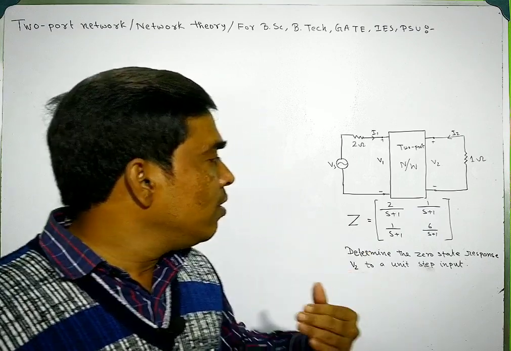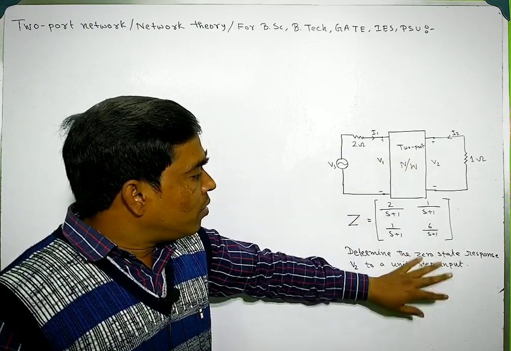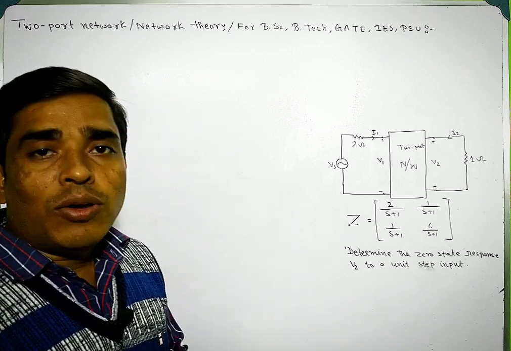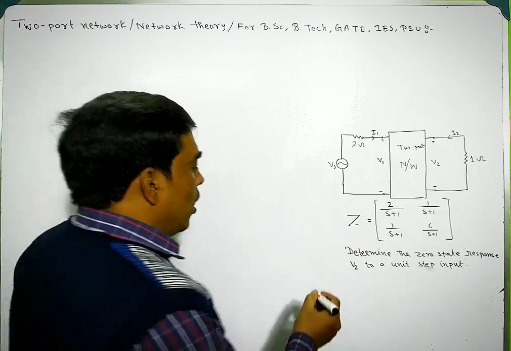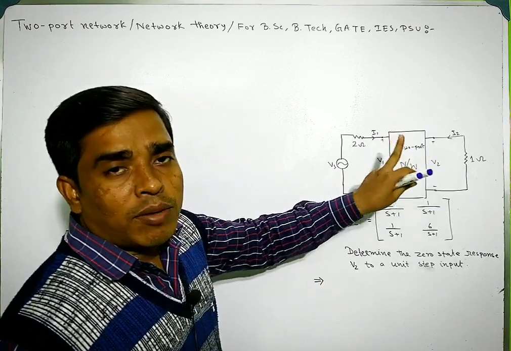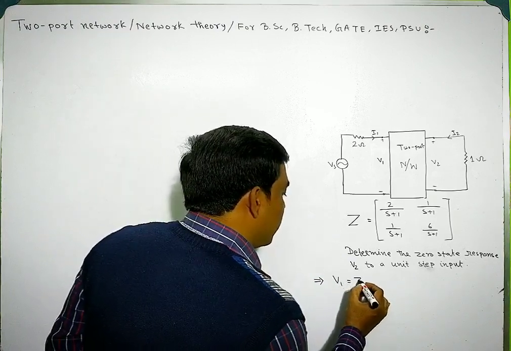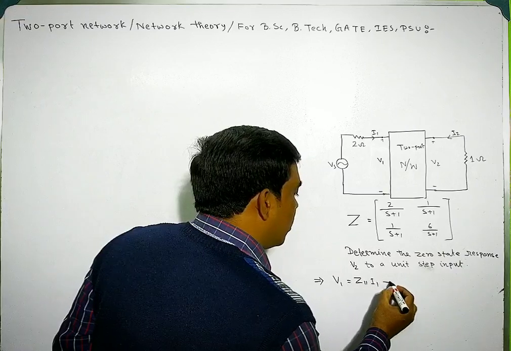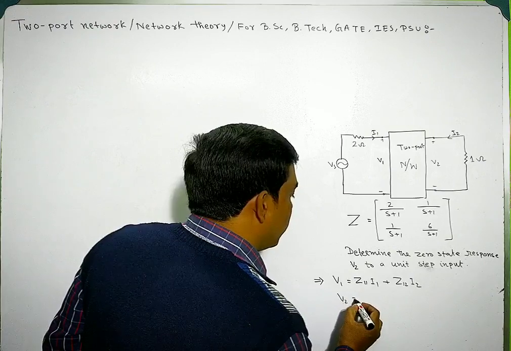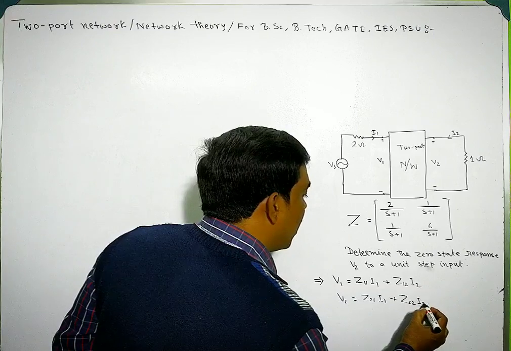Now in this lecture I will show you how to solve this type of problem. First of all, I will write V1 and V2 in terms of the Z parameters. We know that V1 is Z11 I1 plus Z12 I2, and V2 is Z21 I1 plus Z22 I2.